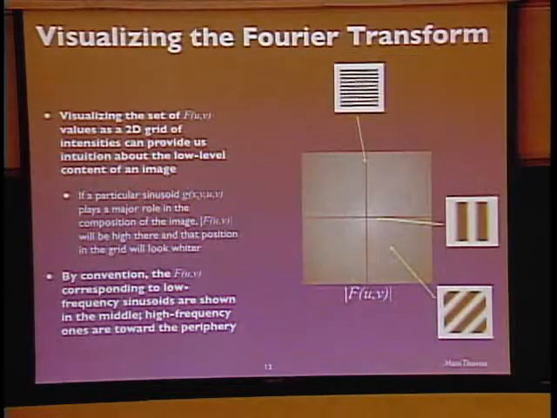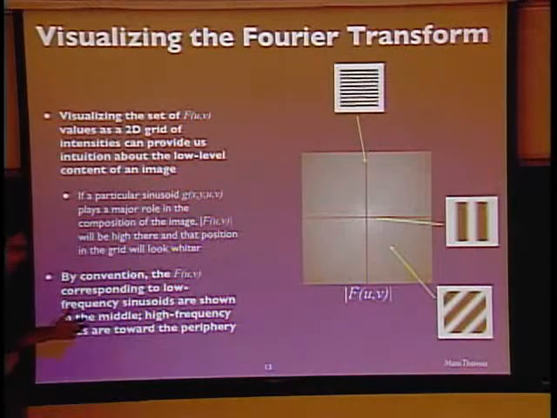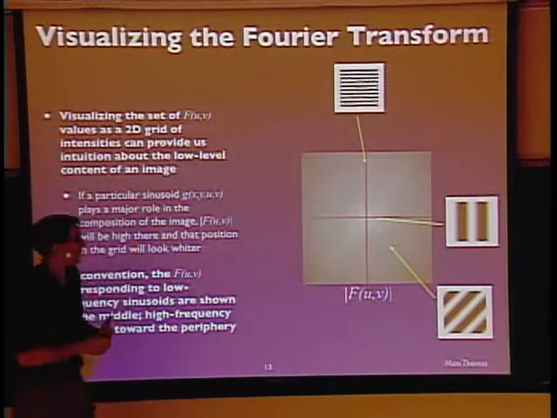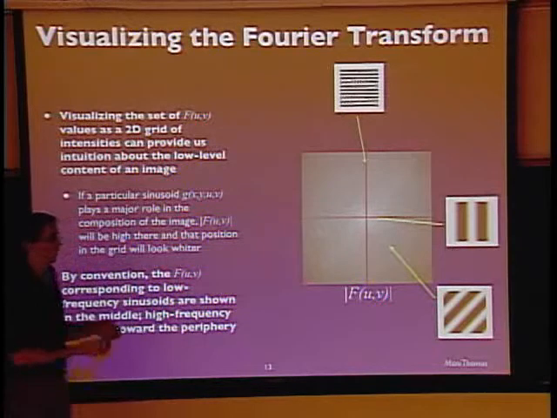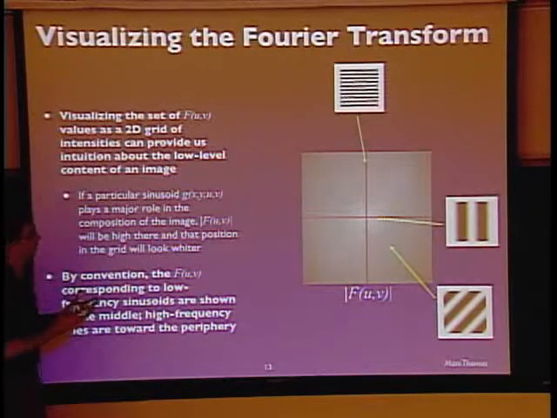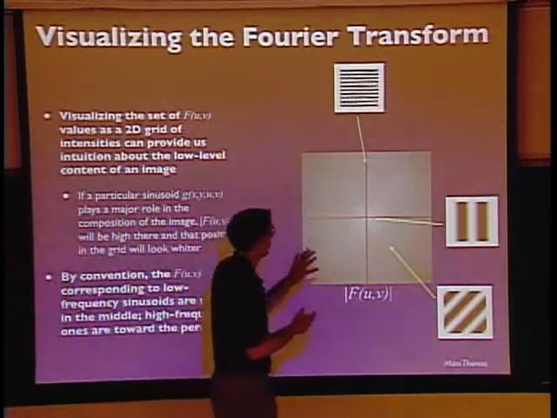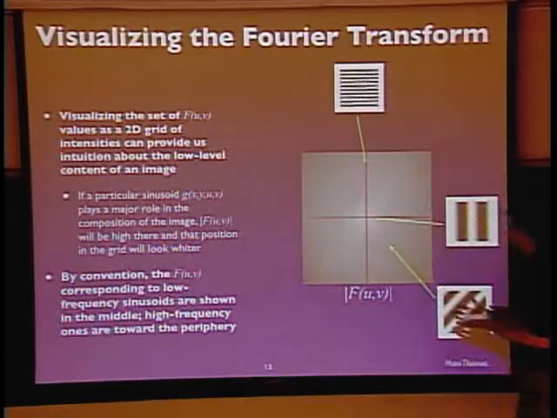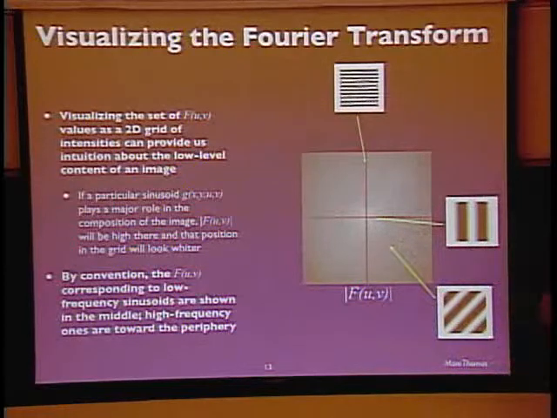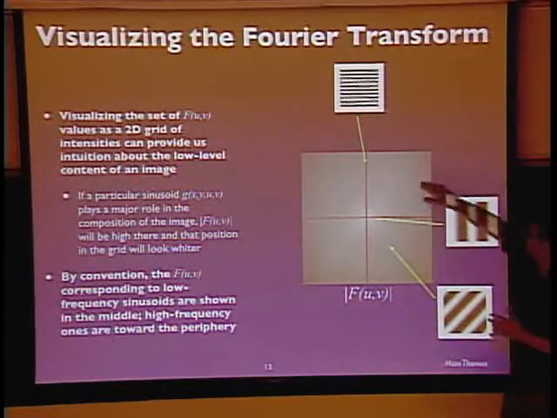And so what you can do is go into MATLAB, and you can do this in ITK as well, but it's really easy to do in MATLAB. You can take a photograph of anything and do a Fourier transform of it in 2D, and then look at the Fourier transform in this way. So this just gives one example of one image where basically that point represents what happens when you analyze the image using this sinusoidal function.